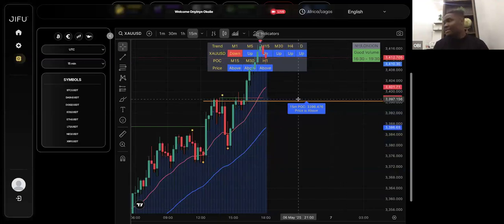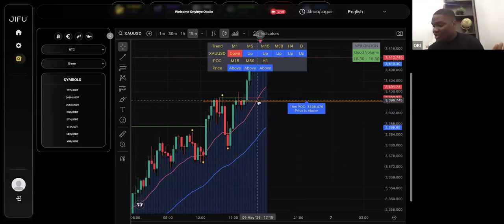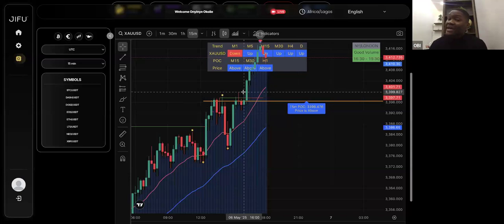It is a simple explanation. When you see the market residing where the orange line is, buyers and sellers are fighting and they are struggling. When you see the market break and continue to go above the orange or yellow line, we say that buyers are in control. The further away the market is from the orange line, buyers are stronger.